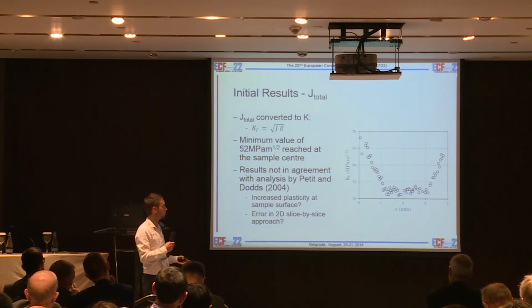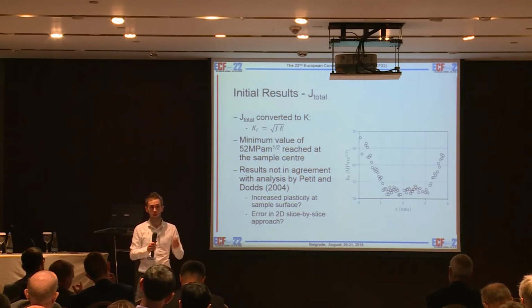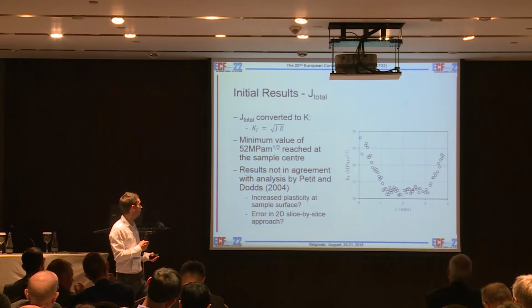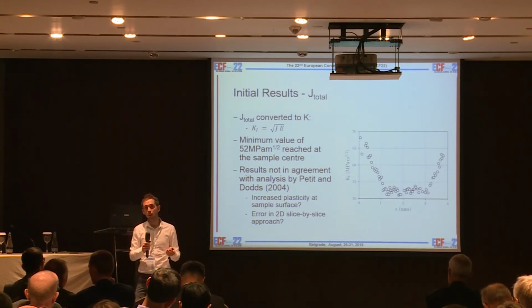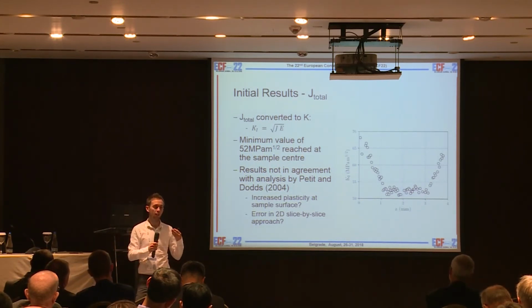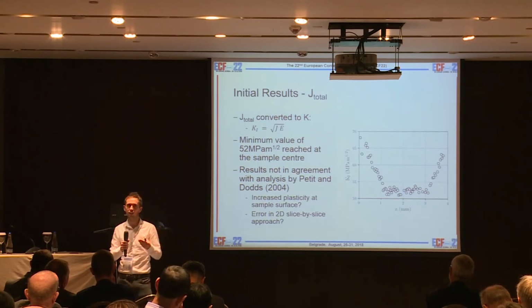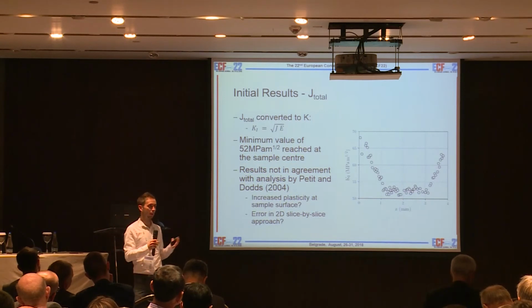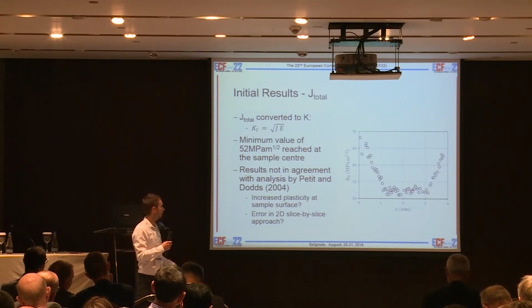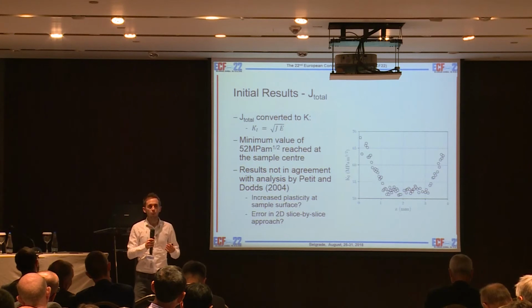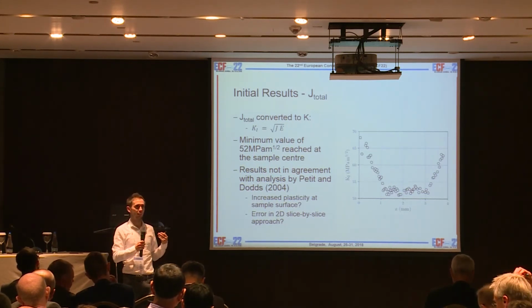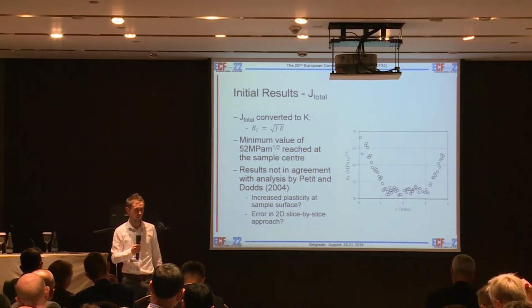We're fairly confident with our analysis technique, but we're doing some other FE work. Potentially there might be some errors introduced by calculating J on a slice-by-slice basis through the 3D volume. Are we losing some information by not including all of the extra data? But essentially, I think it's probably to do with a decreased amount of constraint and increased plasticity at that edge.